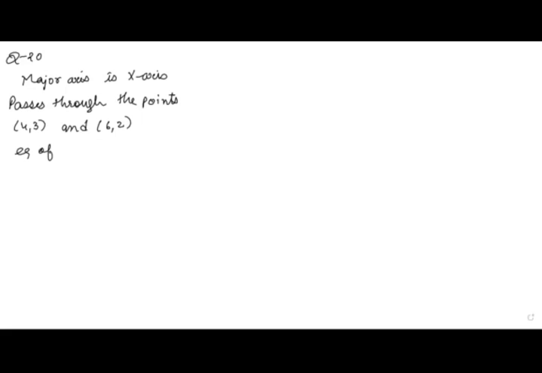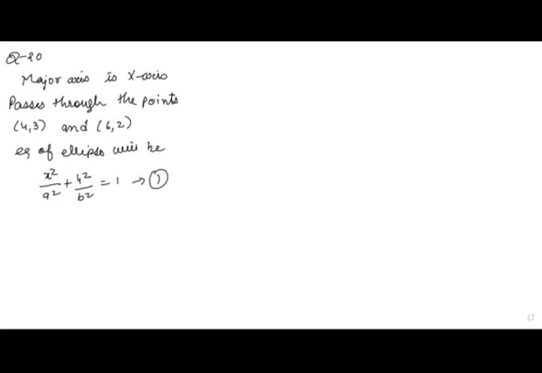So the standard equation of the ellipse will be x square by a square plus y square by b square is equal to 1. Give this as 1. As this ellipse passes through 4, comma 3 and 6, comma 2, these coordinates will satisfy this equation.